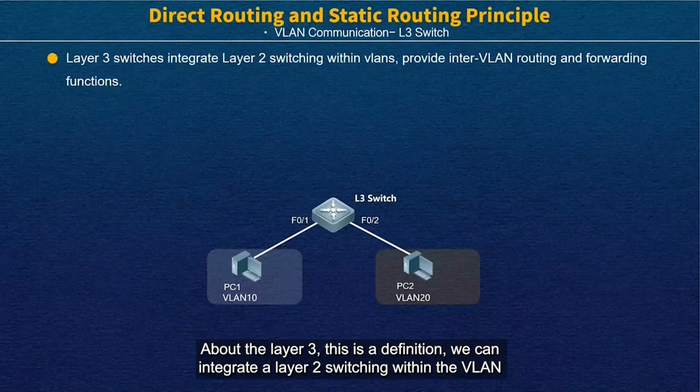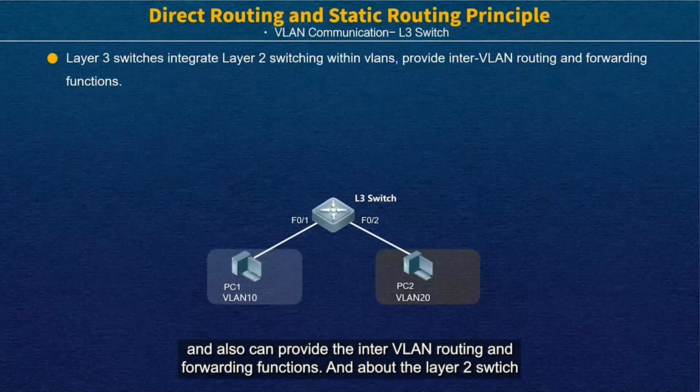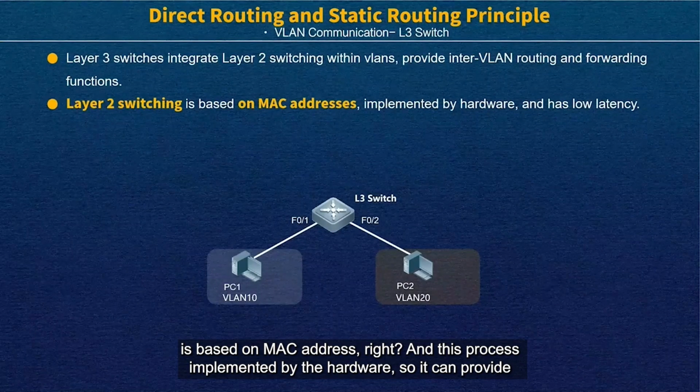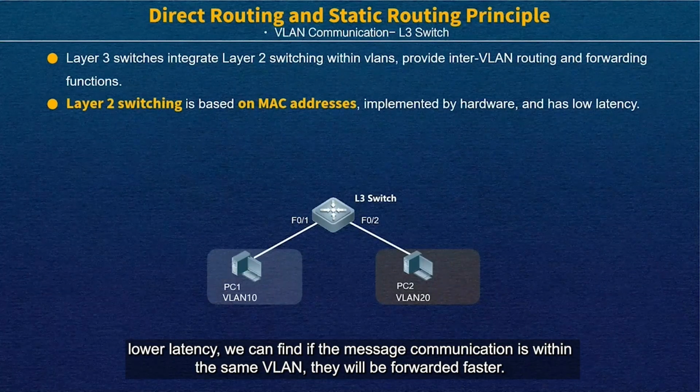About layer 3, this is the definition. We can integrate layer 2 switching within the VLAN and also provide inter-VLAN routing and forwarding functions. Layer 2 switching is based on MAC address, right? And this process is implemented by hardware, so it can provide lower latency.